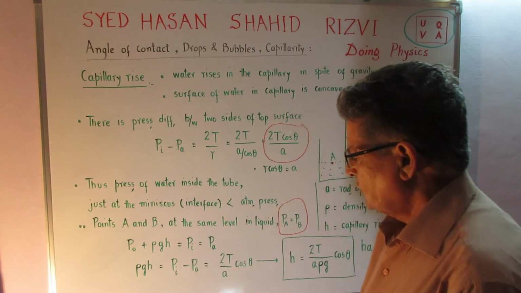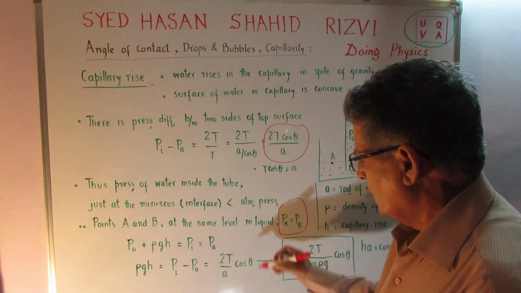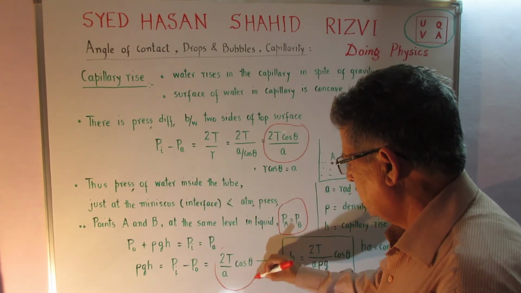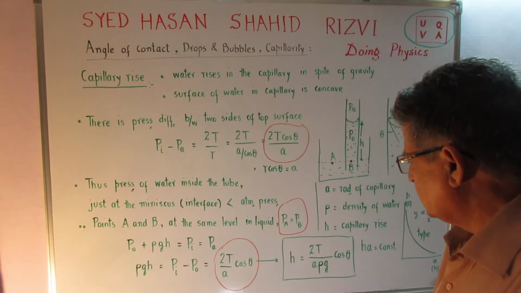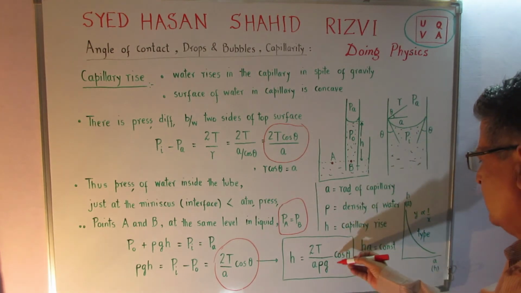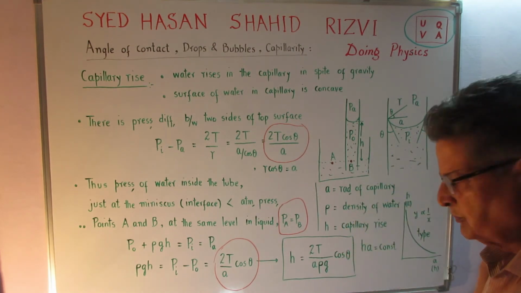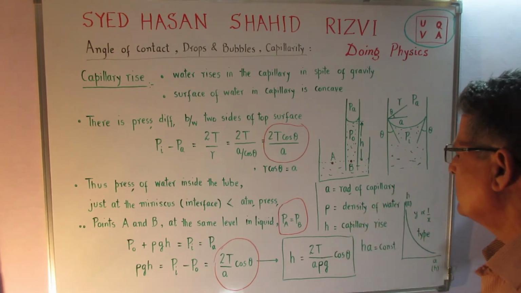So rho gH becomes equal to Pi minus P0, which is 2T cos theta upon A, which gives us naturally H equal to 2T upon A rho g cos theta.